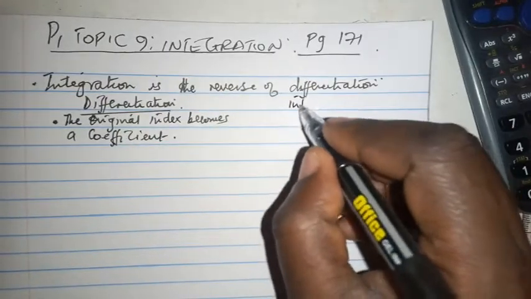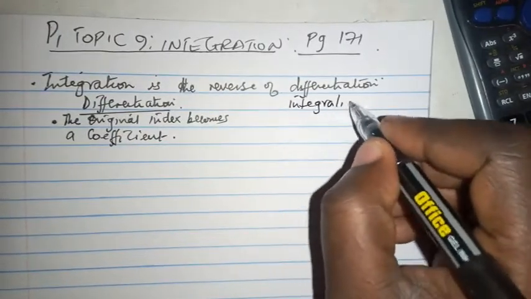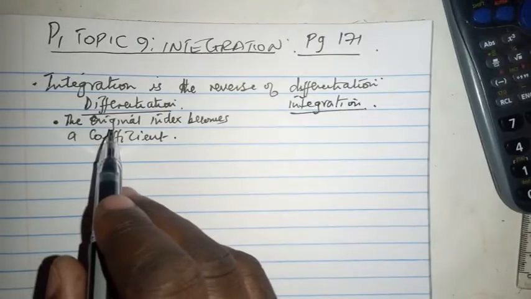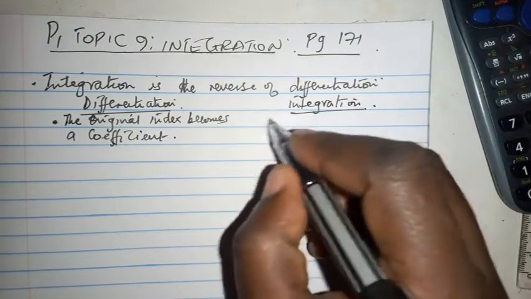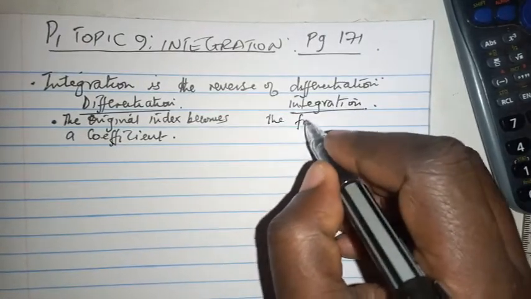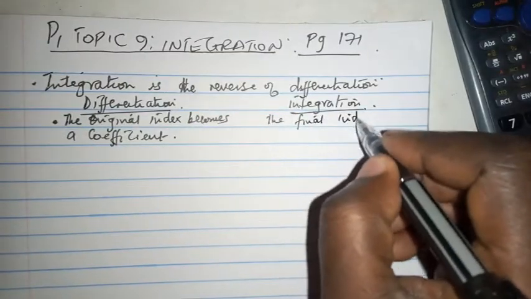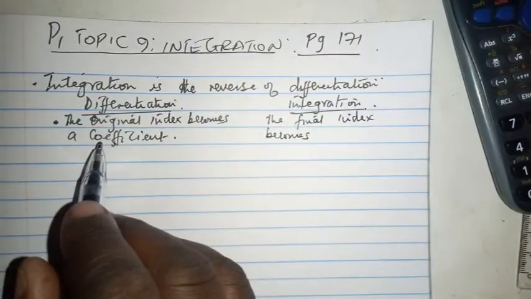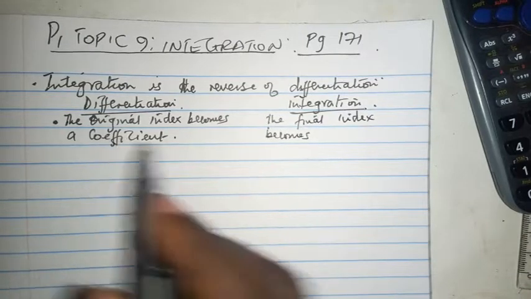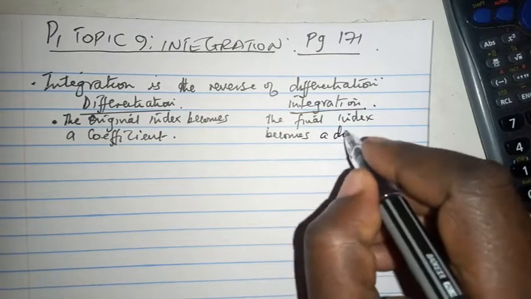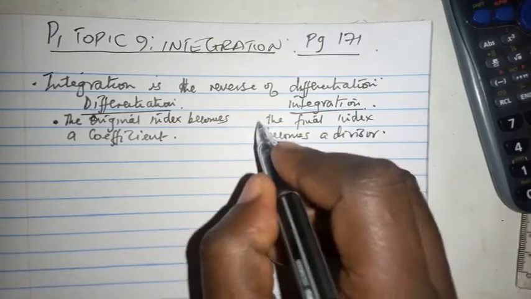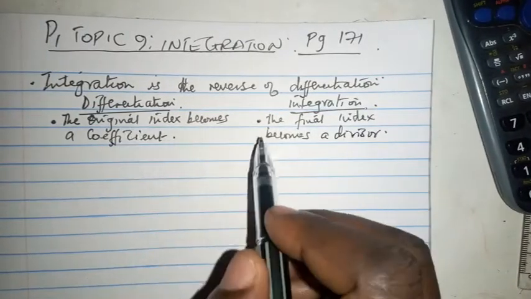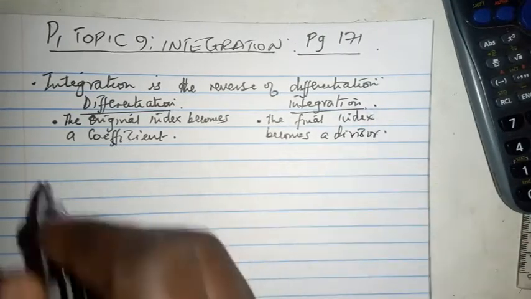Let's talk about the opposite, what should happen during integration. The final index becomes not a coefficient, because a coefficient multiplies, but a divisor. That is the complete opposite. The opposite of original is the final. The opposite of coefficient is divisor.